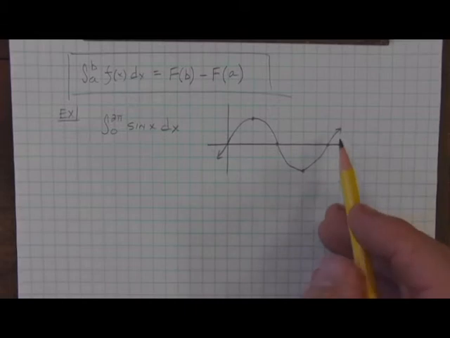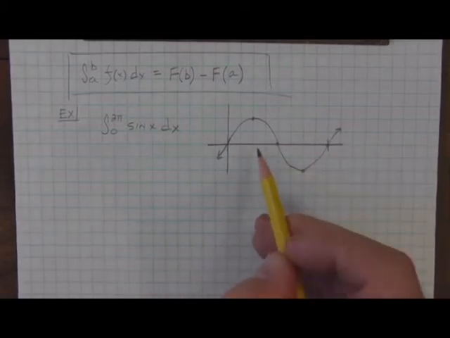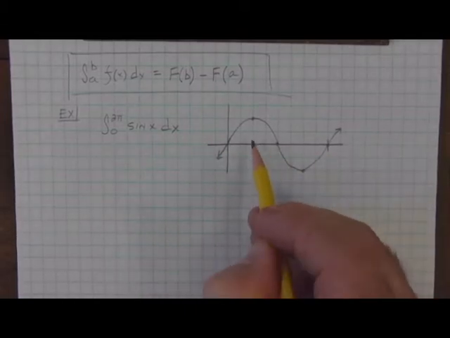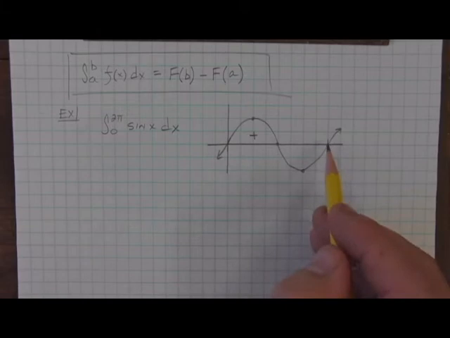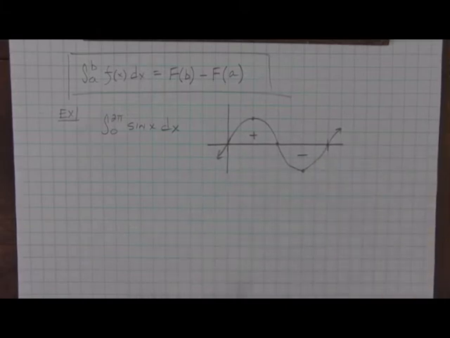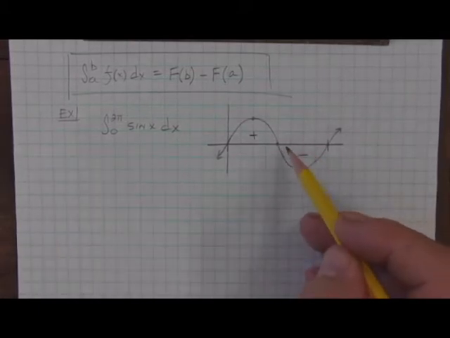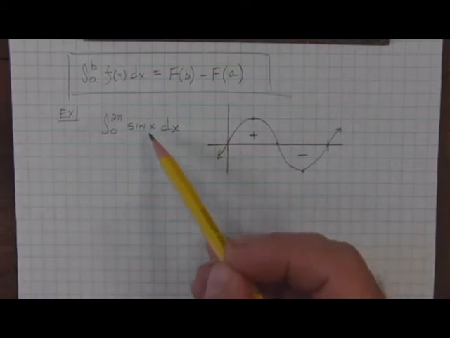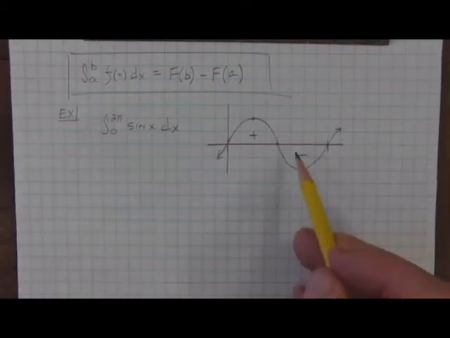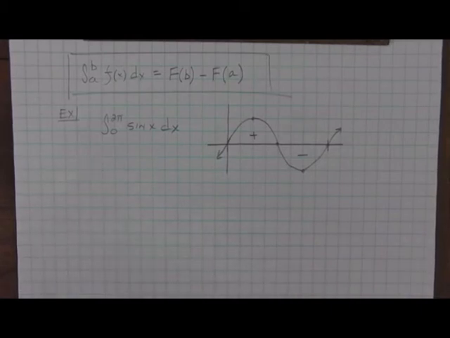Because of symmetry, the area that is above the x-axis is positive and exactly equal to the area that is under the x-axis, which is represented as a negative quantity. Area can't be negative, but the area under the curve, which is representing this integral or a piece of it, can be represented as a sum of negative values.